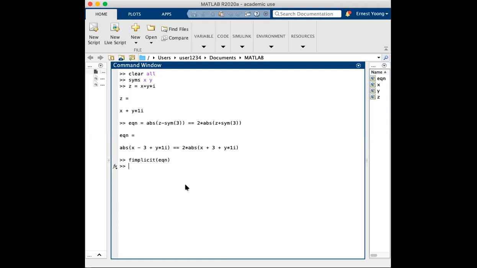And we say fimplicit, my equation. My range is from -10 to 0 for x, and then for y, it is -3 to 6, for example.